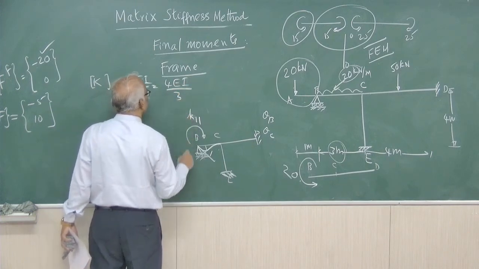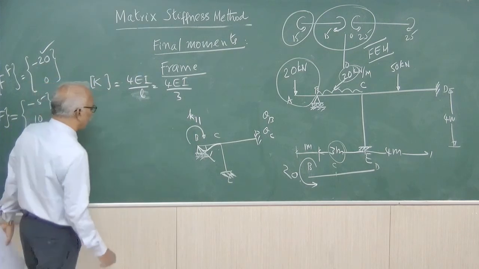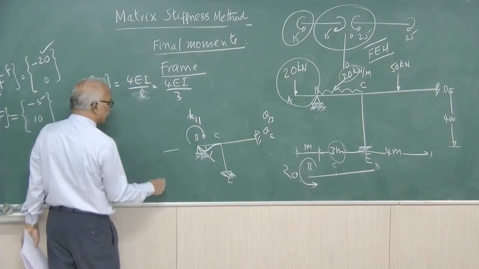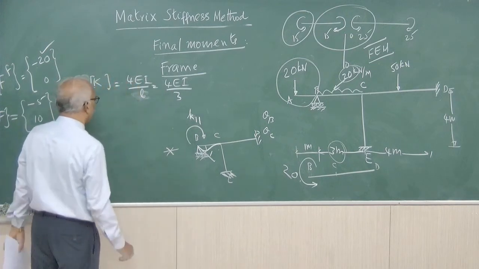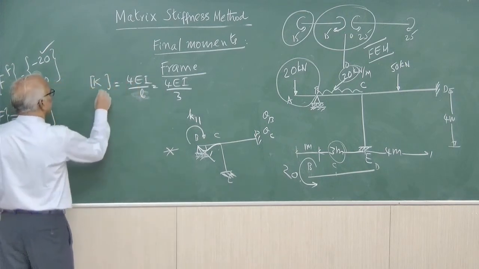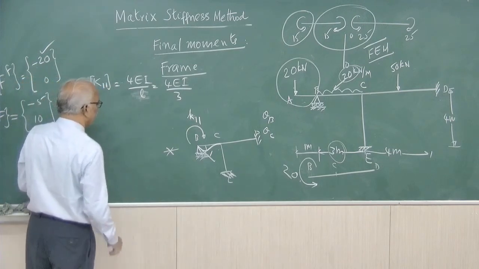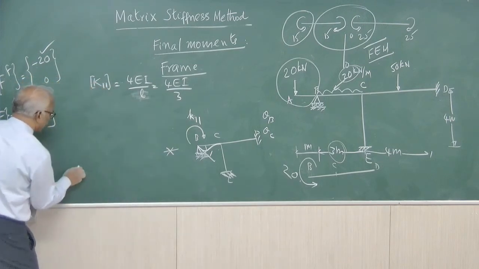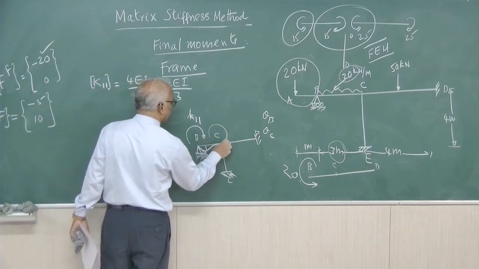There is no variation of I, therefore, that is all. That is the only member. Overhanging part we have already dealt with separately. So, you need not bother about the overhanging part. Right. Then, this is K11. Then, we have to apply unit displacement, and here one more point, we have to find out the force here also.